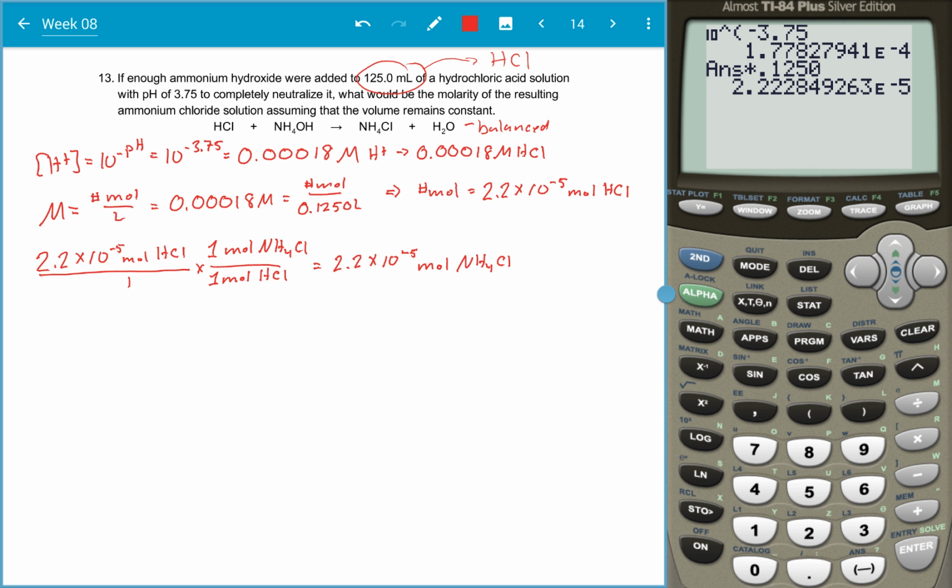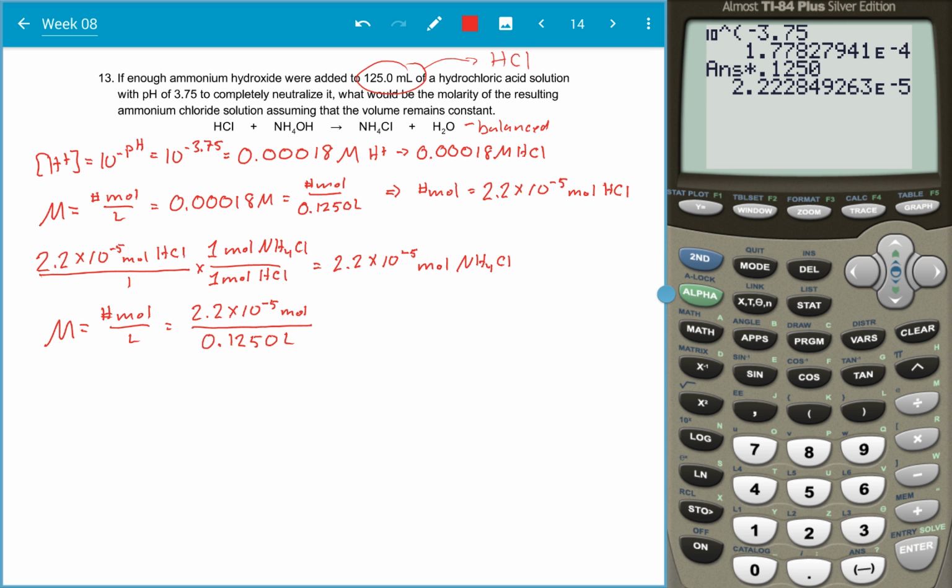Now, to calculate a molarity of that, well, we'll use the same equation we did before. Molarity equals number of moles divided by liters. We have 2.2 times 10 to the minus 5 moles of the ammonium chloride over 0.1250 liters.